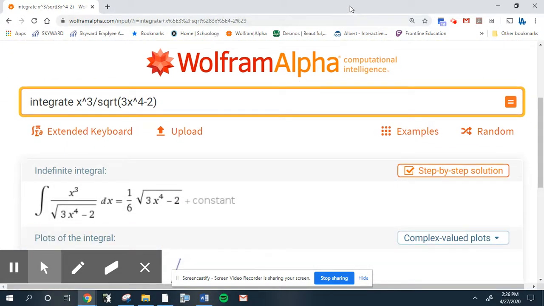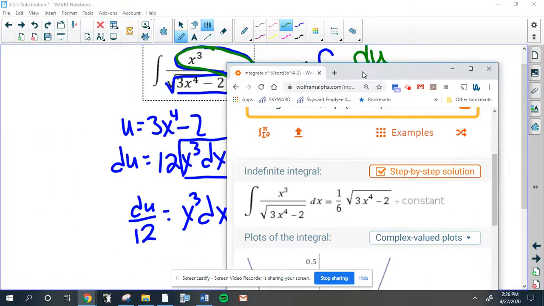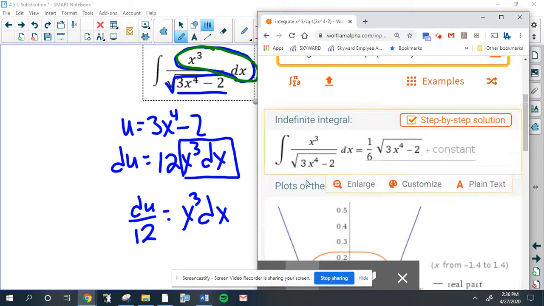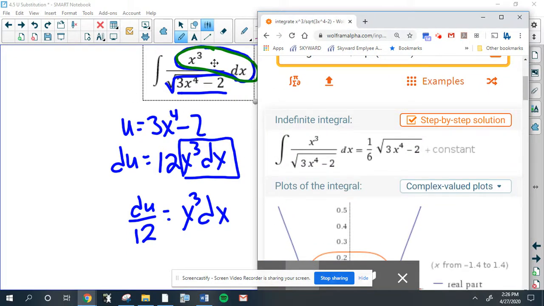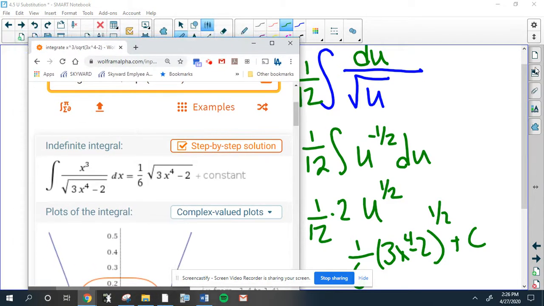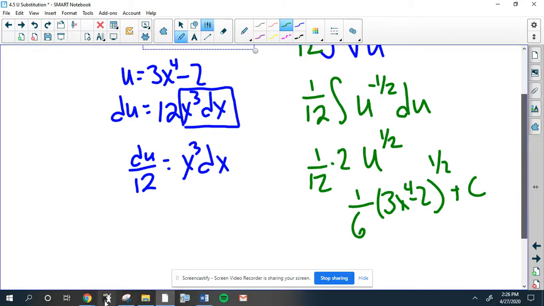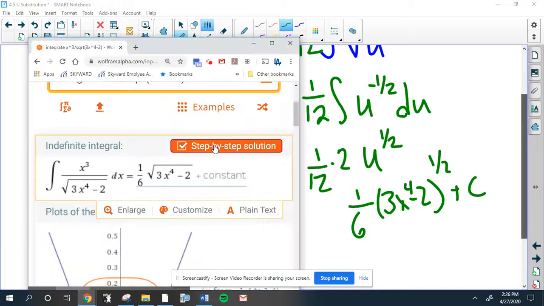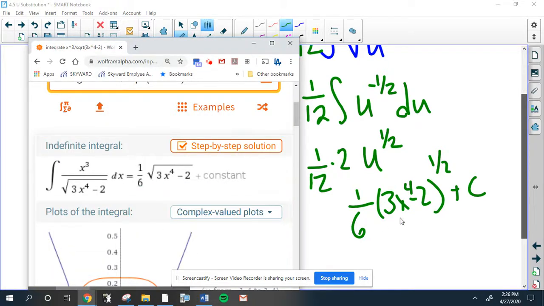So it did it. First thing I'm going to do is make sure I typed it in right. So compare this with this. It's the same. The answer, according to Wolfram Alpha, is 1/6 times the square root of 3x to the fourth minus 2 plus a constant, which is this. We're good. And those are two good examples.